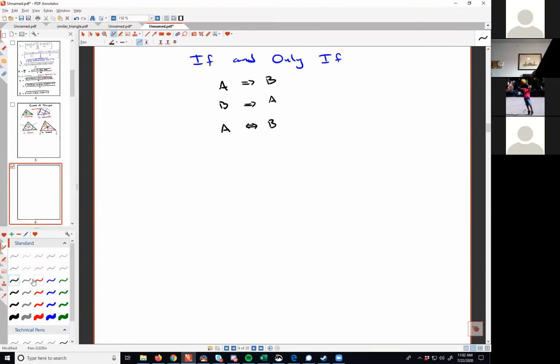Well, let's talk about a common problem in geometry. Let's say that we have 2 points, and let's call them point A and point B. These are not the logic statements above, that's completely separate. Let's say we have points A and B, and I ask, what is the locus of points equidistant from A and B?